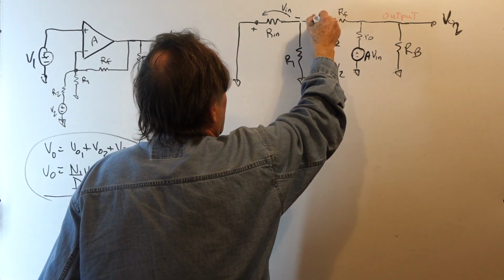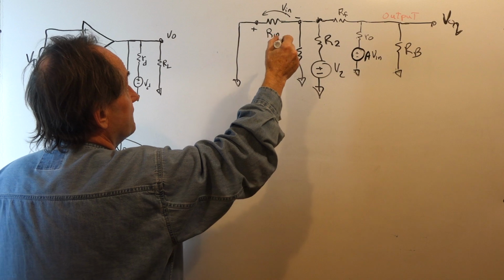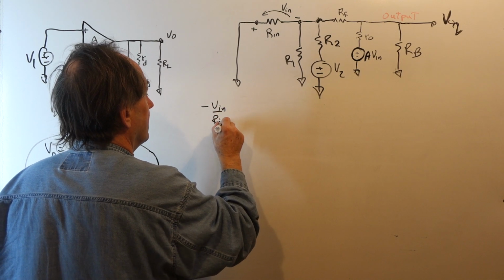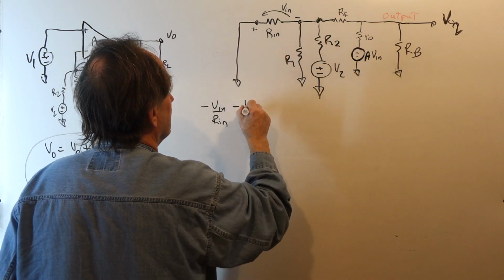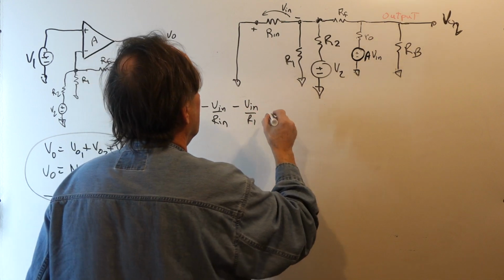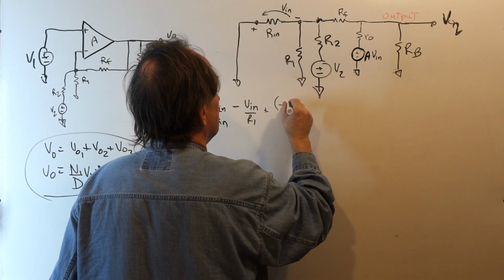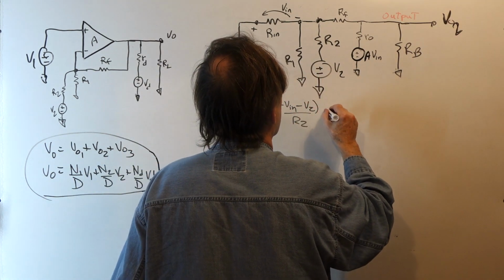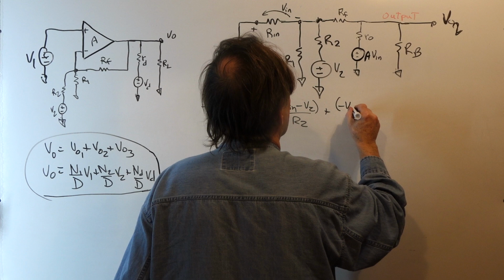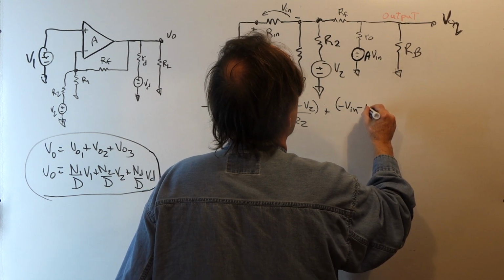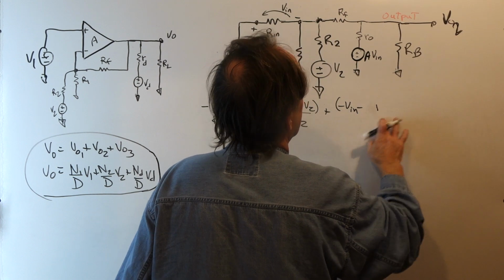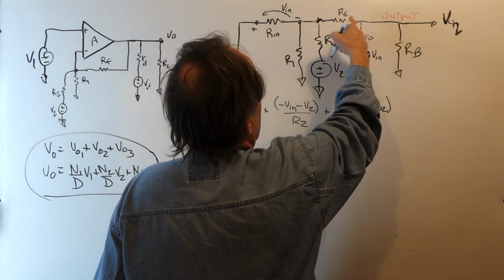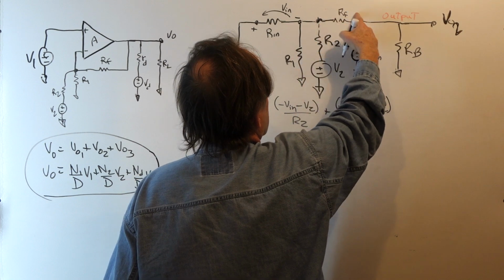Again, at the input, we sum currents leaving as positive, so we have minus Vn over Rn, minus Vn over R1, then minus Vn minus V2 across R2, and a minus Vn minus VO2, since the current across RF is this voltage minus this voltage divided by RF.